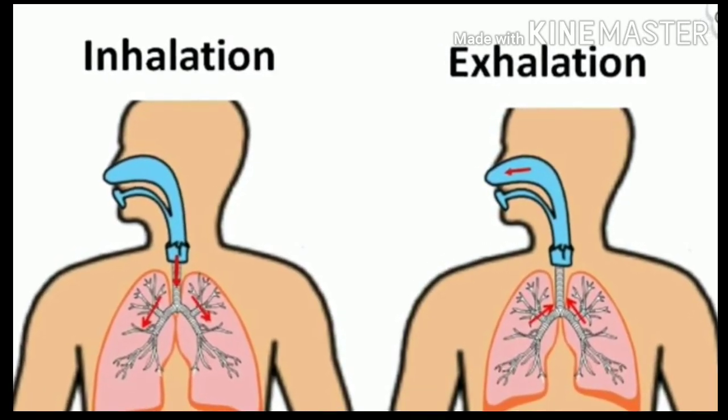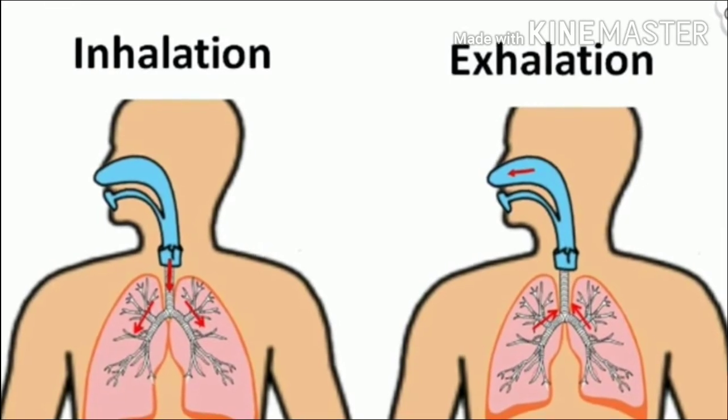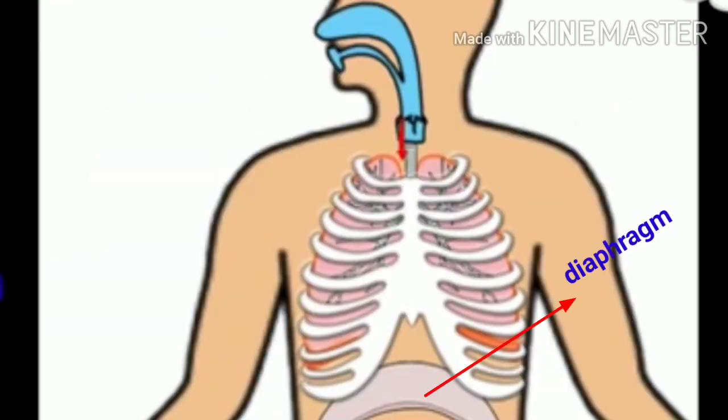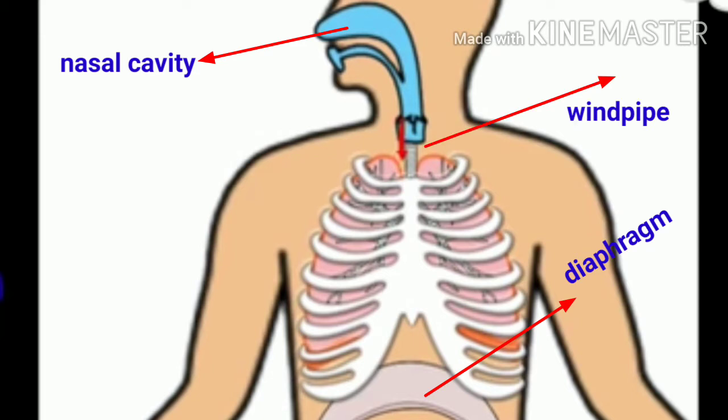First we have to see the different organs involved in this breathing process. The dome shaped muscular organ is called the diaphragm, and it is located between the chest cavity and abdominal cavity. Here is the nasal cavity through which we inhale air.